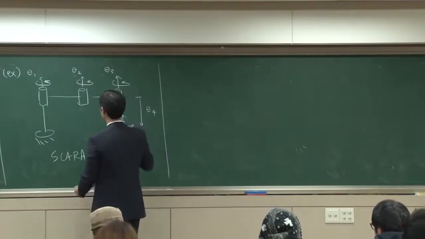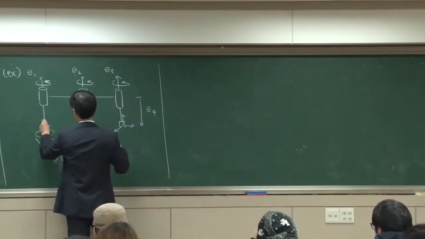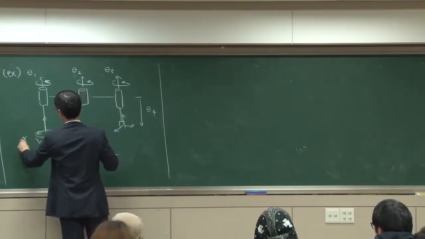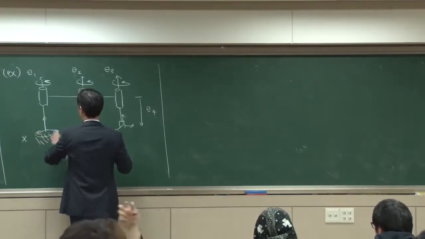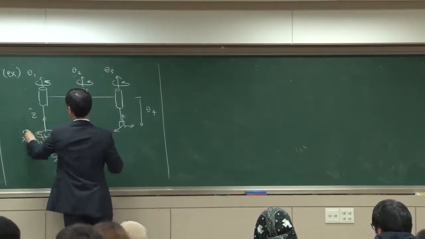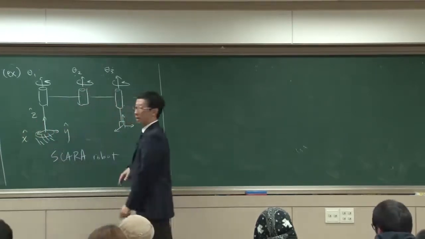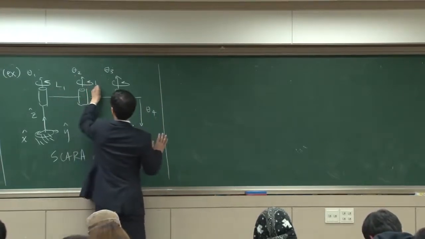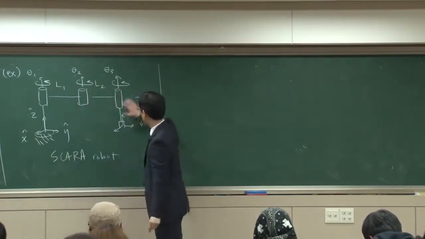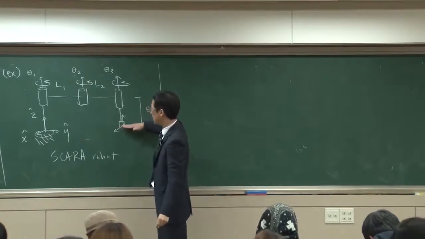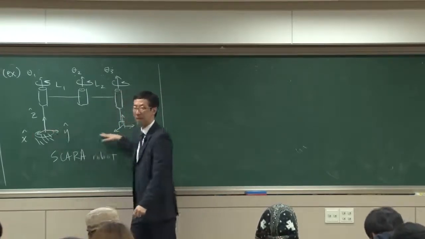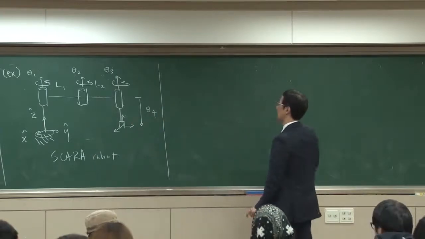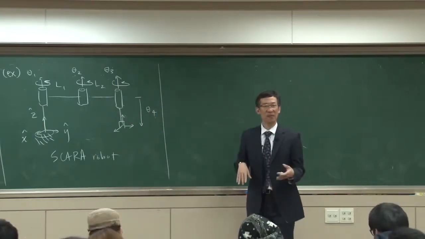So let's put the reference frame say here. Let's say it's sitting on a table. Here's my x-axis, here's my fixed frame, x, y, z axis. Okay, link length, say L1, L2. And let's say this is at the same level as the fixed frame. All right, so let's start with the forward kinematics.